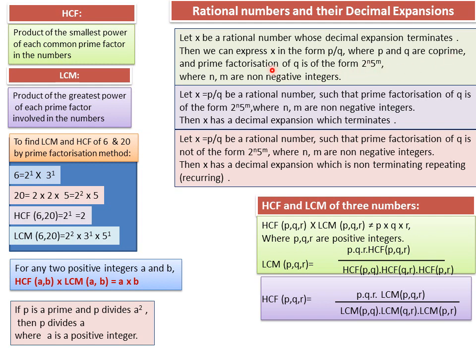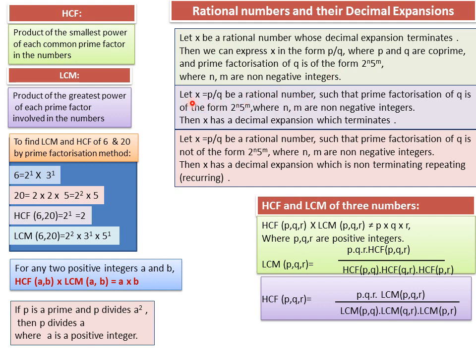So I hope you understood this. So if x is a rational number, and if the decimal expansion terminates, then we can say q will be in the form of 2 to power n into 5 to power m, where 2 and 5, you know that they are primes.